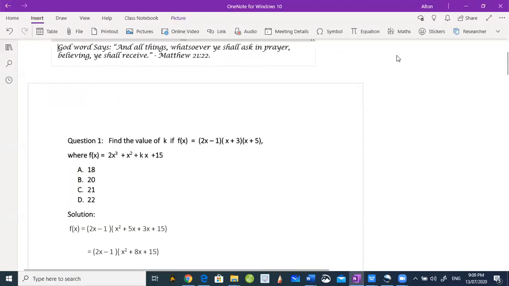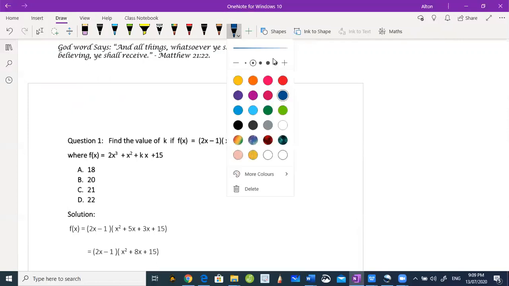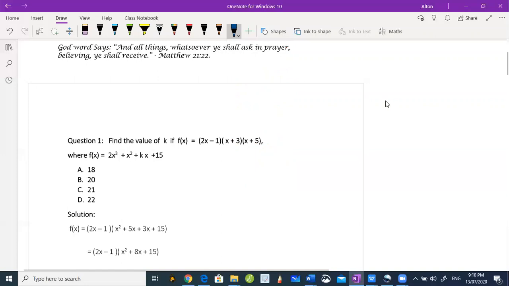Question number 1 is looking at a function f of x. So let's get our pens out. We're going to have to find a missing value.